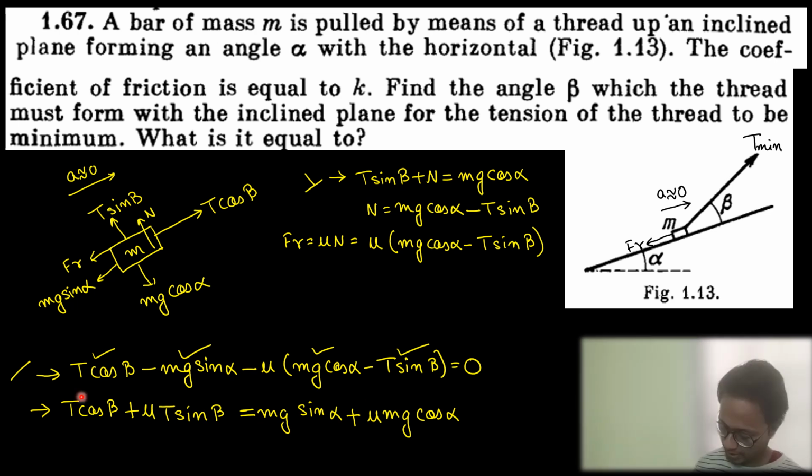Now can I take T common out here? If I take T common, T into (cos beta plus mu sin beta).